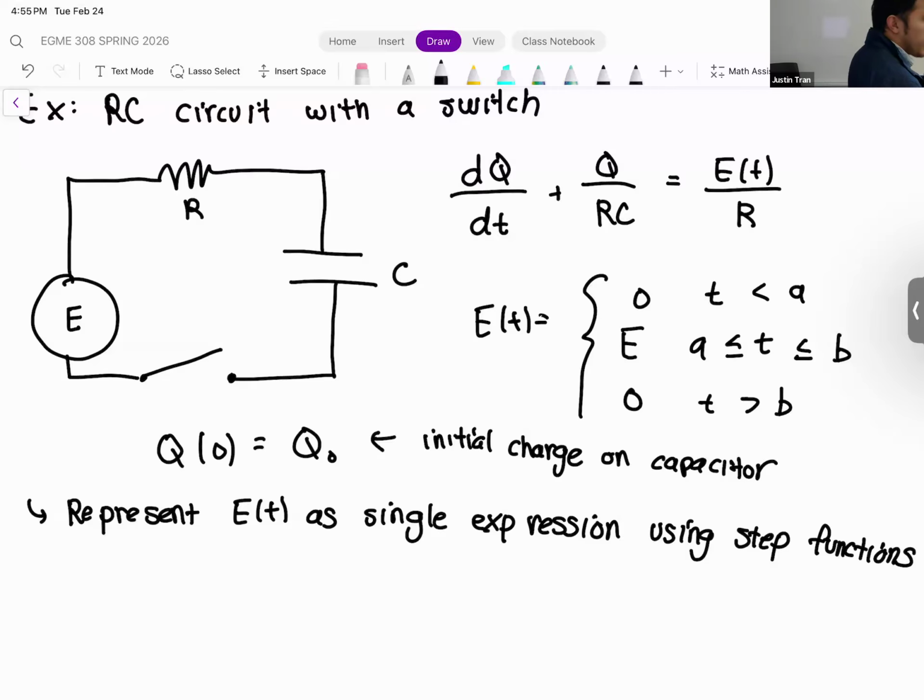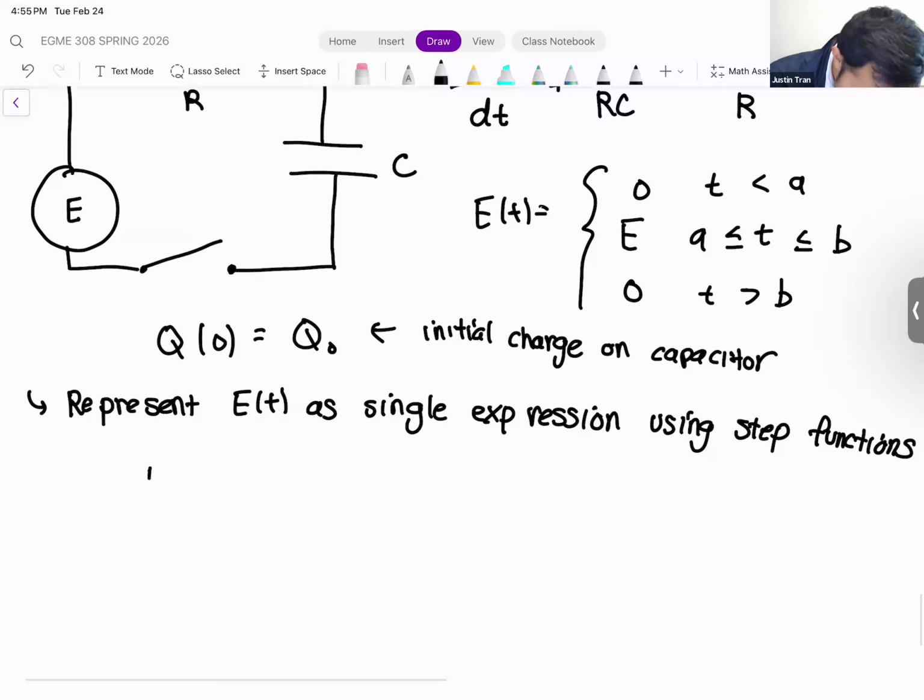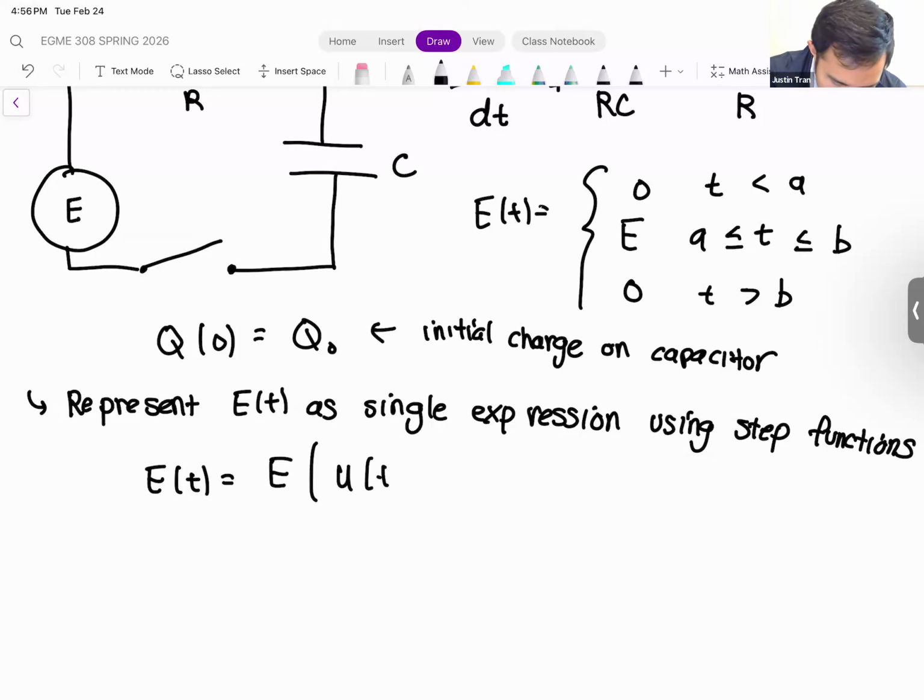I'm only going to focus on the section where E(t) is non-zero. There it has a value of E, a constant. We turn it on at t equals a, so we first multiply by u(t minus a). Then we turn it off at t equals b, so we subtract u(t minus b).